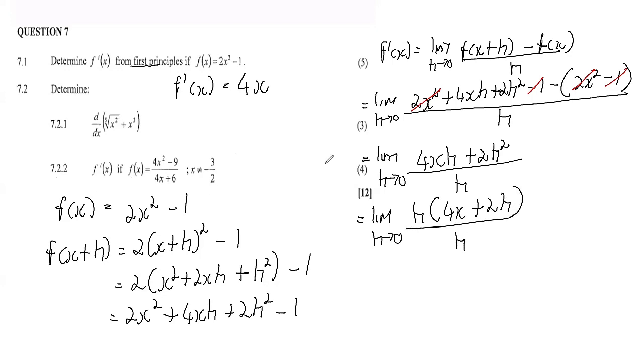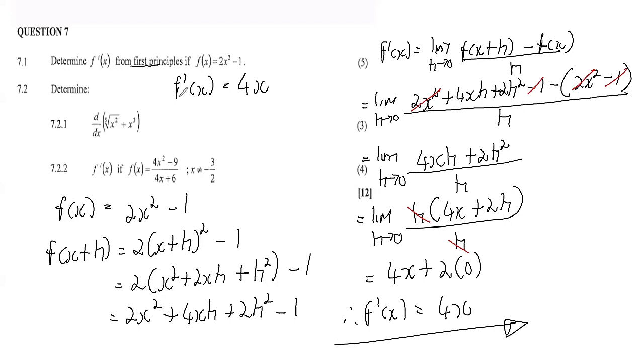At this point, the h and h divide out, and we are left with that expression there, which we can deal with by removing the limit as h approaches 0 by simply replacing h with 0. Therefore, our f prime x is equal to 4x. And is it correct? Yes, we have confirmed it above there. So it is correct. You have your 5 marks, as easy as that.